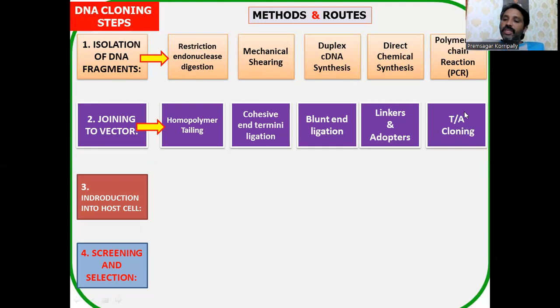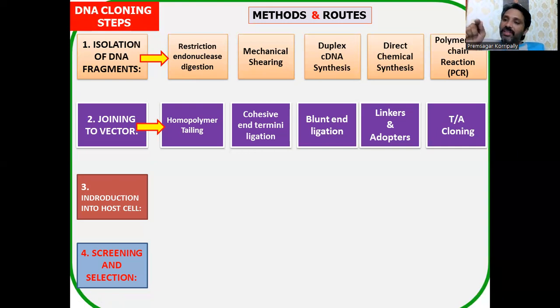And the TA cloning, the last one is TA cloning. When you amplify any DNA fragment by using the PCR, Taq polymerase has an ability to add adenine at 3'. Every DNA fragment you get through the PCR has adenine at 3' end.